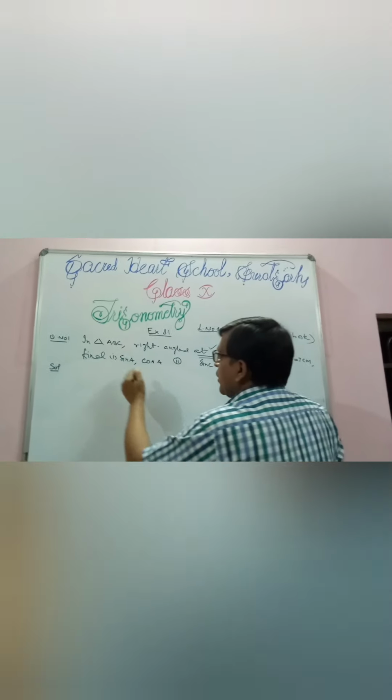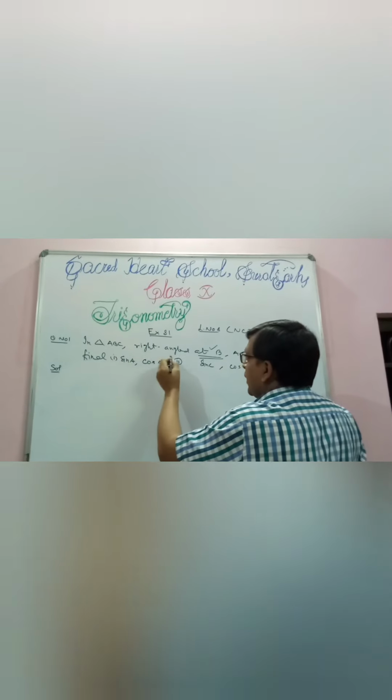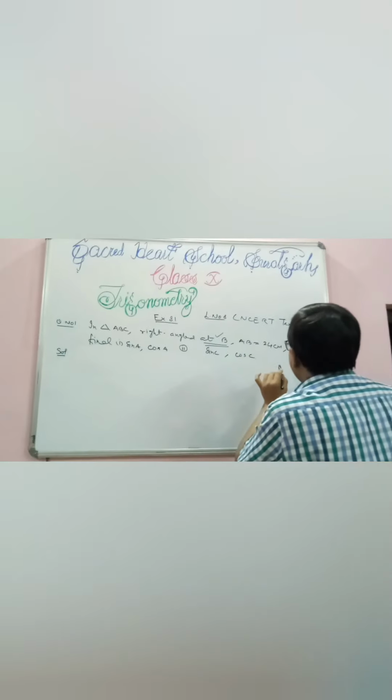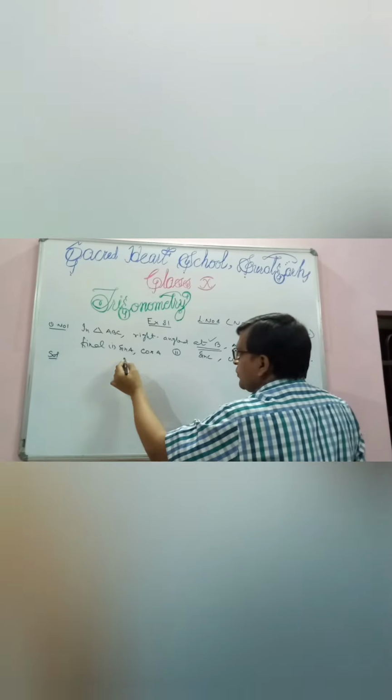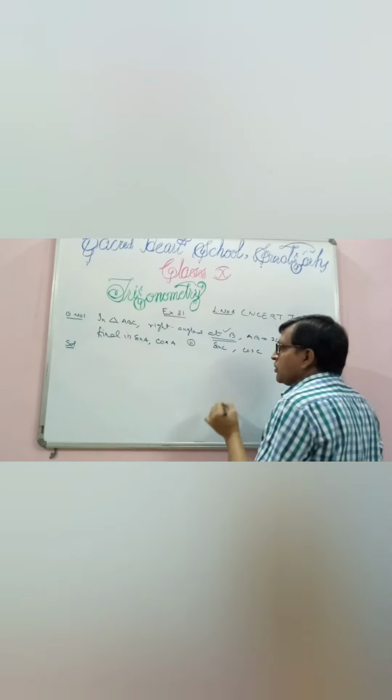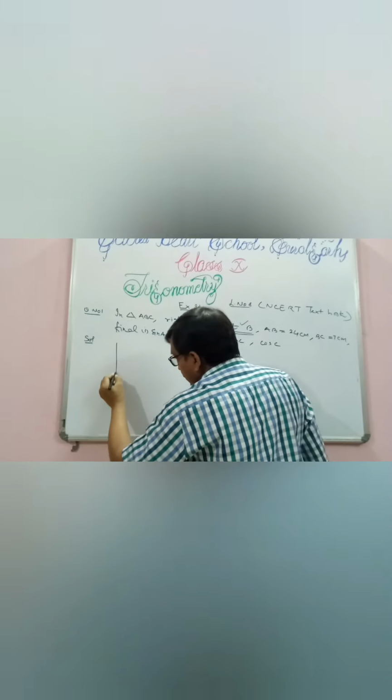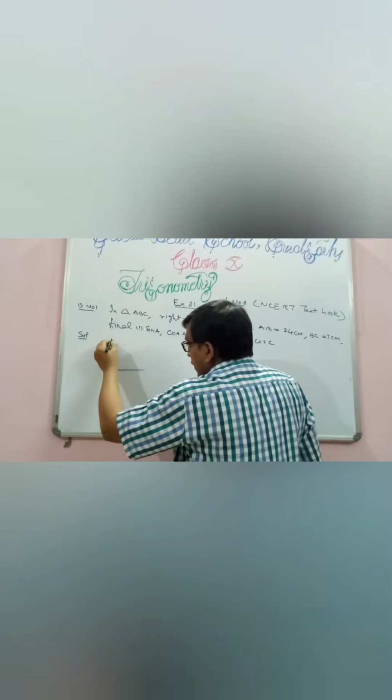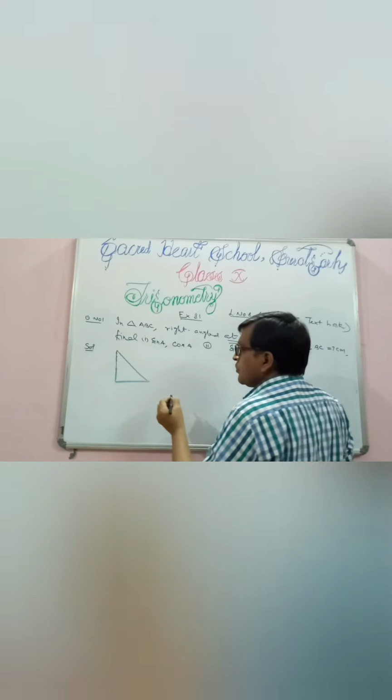Again I explain. In triangle ABC, right angled at B, AB equals 24 cm, BC equals 7 cm. Find sin A, cos A, sin C, cos C. You make two right triangles.